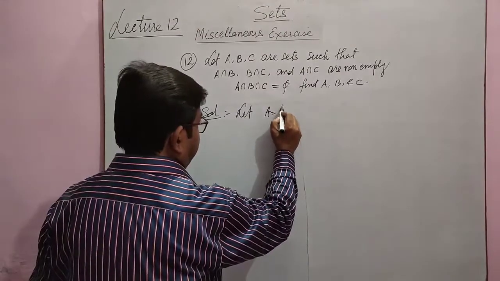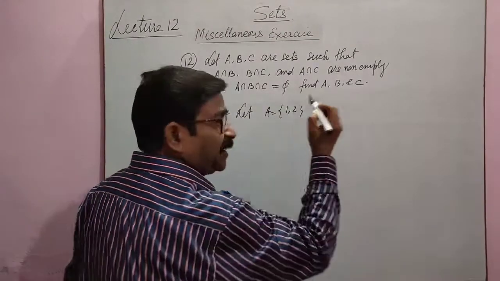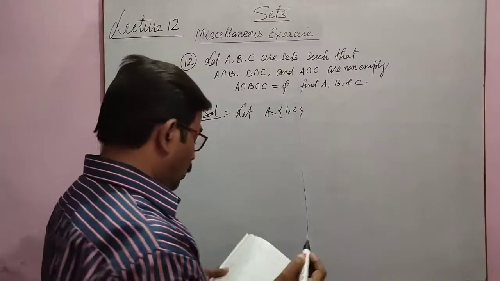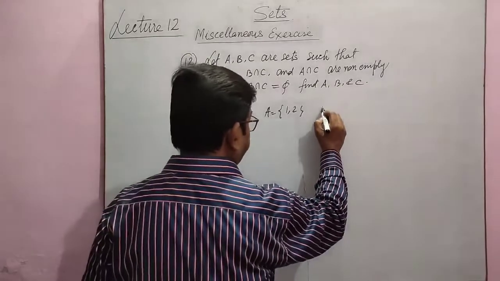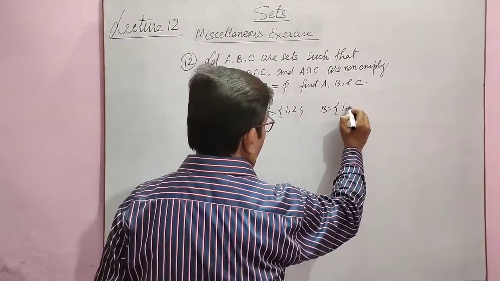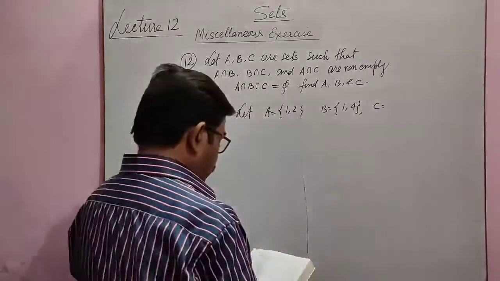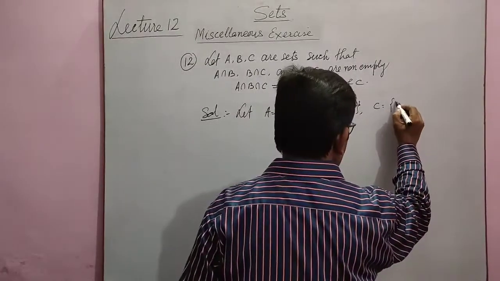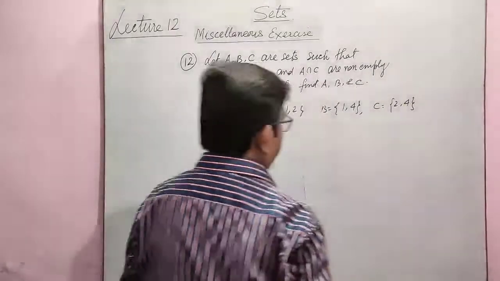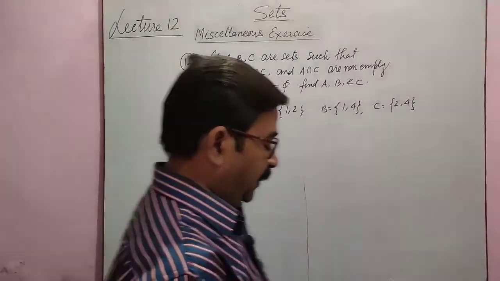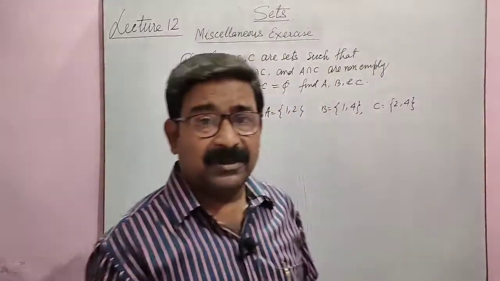Let A have 1 and 2. You may take some other elements, whatever you want. B is 1, 4. C is having 2, 4. Got it? We have chosen the elements ourselves.